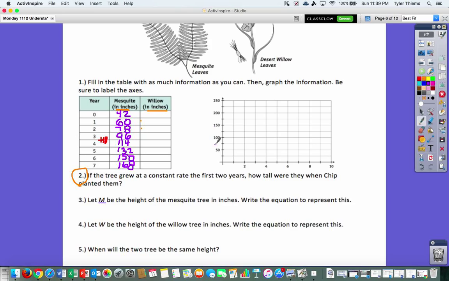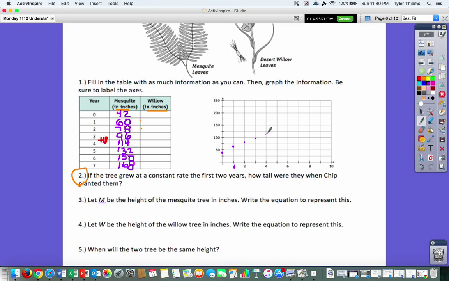To graph this, at 0 it'd be 42. If this is 24, then 42 is about right there. This would be year 1, which would be 60. That's 75, so 60 is about right there. Year 2, 78, just above that. Year 3, 96, just below that. Year 4, 114.